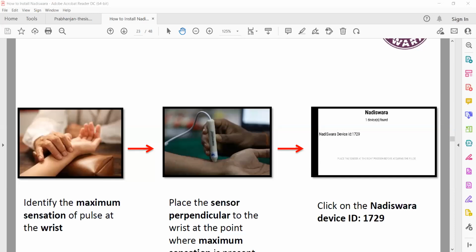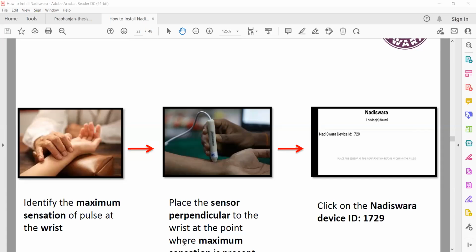You can observe the pulse pattern and identify the location where you are feeling the maximum sensation. Because that is very important here, this Nadishwara device, or pulse diagnosis machine, has some uniqueness.